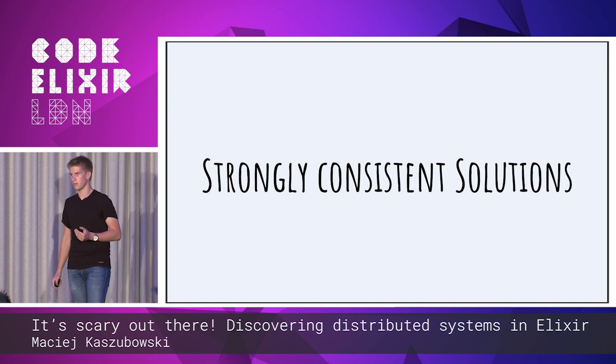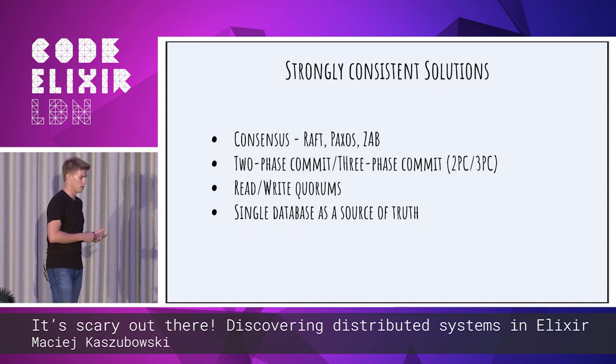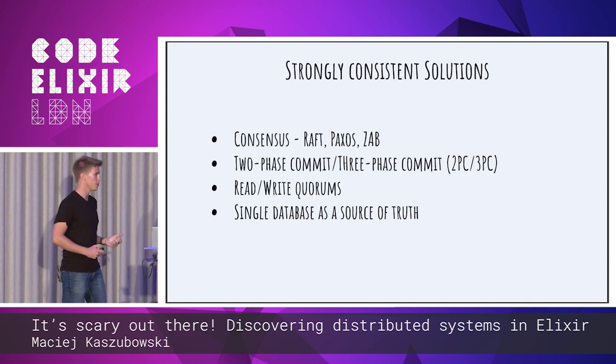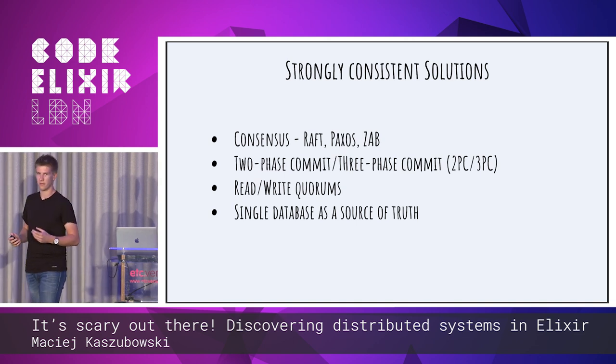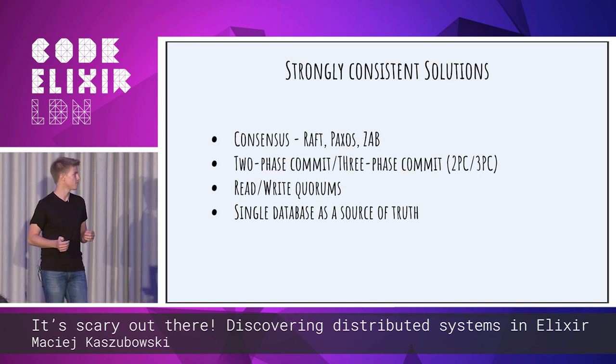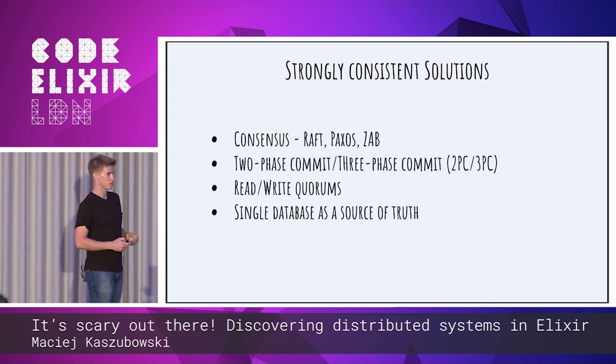So some solutions you may look at are, I think the most known, consensus algorithms. And it includes Raft, Paxos, or Zookeeper Atomic Broadcast. And I know of implementations of Raft for sure, but I think that you can find something else. You may also look at distributed commits.